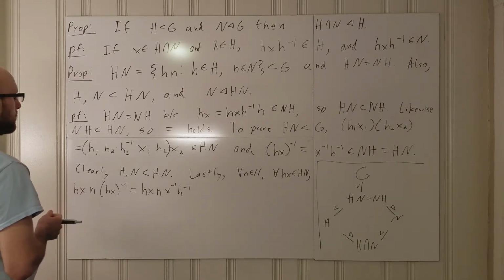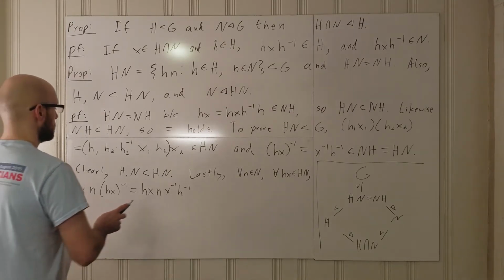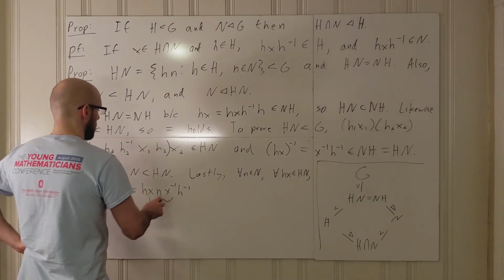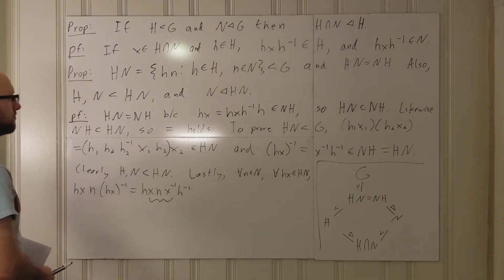So let's see here. On the inside here, this is x and x inverse. So what we're doing is we're conjugating n by an element.